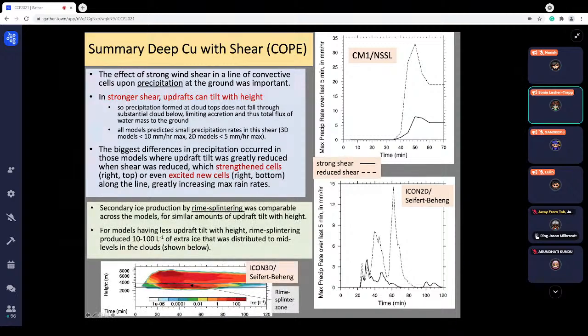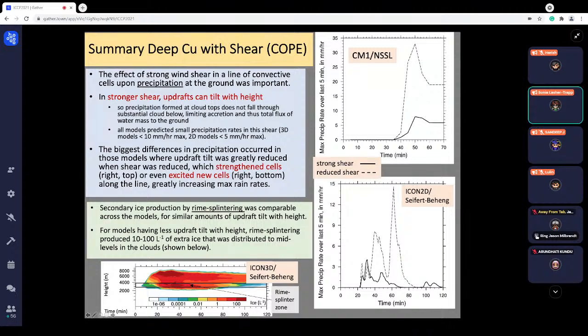Secondary ice production, now turning to that theme, we looked at rime splintering, and I don't know if this came across during our discussion, but I wanted to pull this together: it was really comparable across all the models if you compared it for similar amounts of updraft tilt with height.